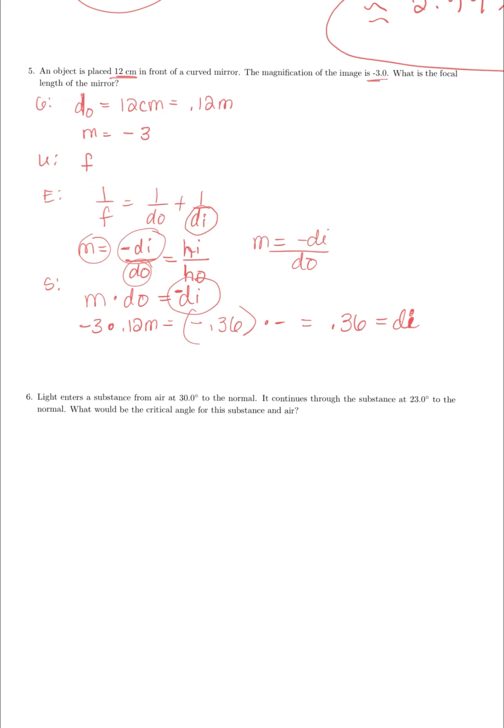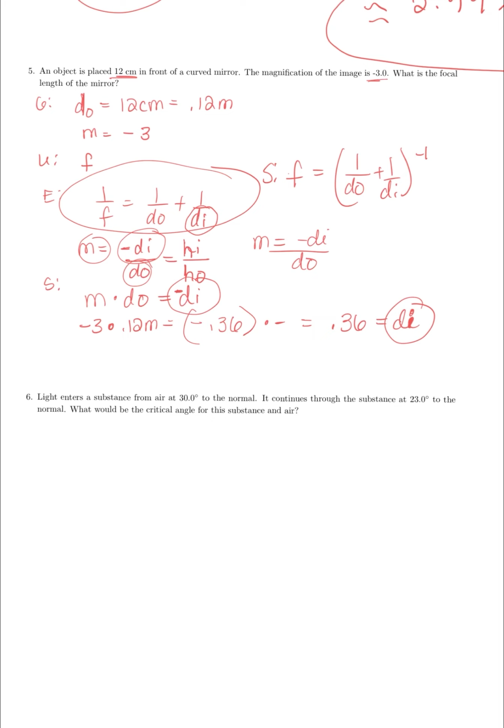And then what we're going to do now is solve for focal length, which is what we wanted to begin with, because now we have di and we have do. So let's say 1 over f, this is going to be our final solve step, 1 over f equals 1 over do plus 1 over di. Don't forget to take the inverse of that, and that will make this the focal length, which is actually what we want.